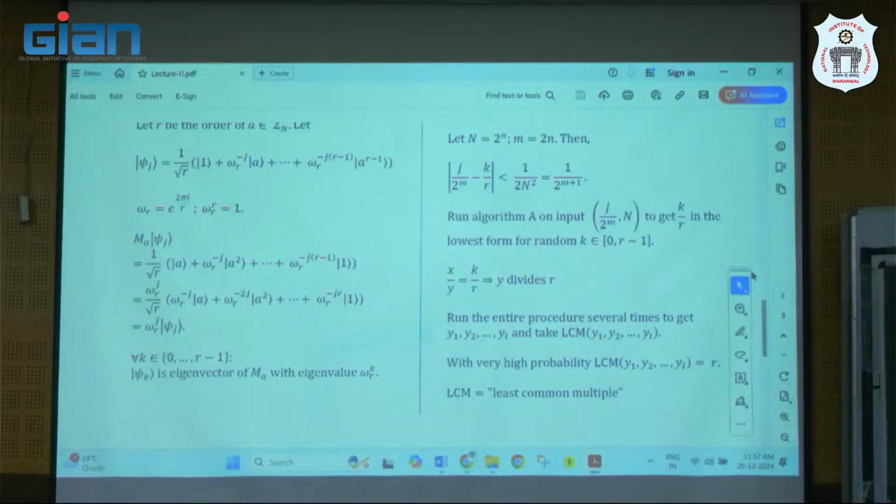Yes or no? Unique rational number with values at most n, x and y both are at most n. So bottom line, what is happening? We are getting k over r in its simplest form, correct? x over y is equal to k over r in the simplest form. Okay. Any questions?